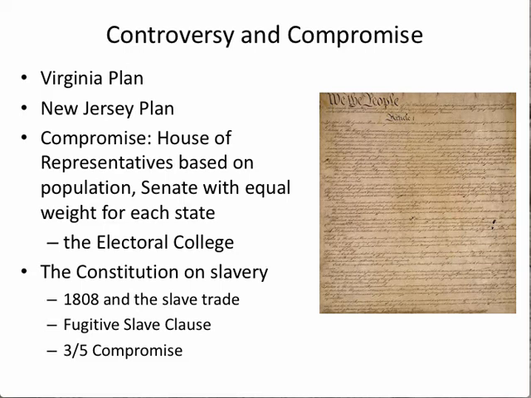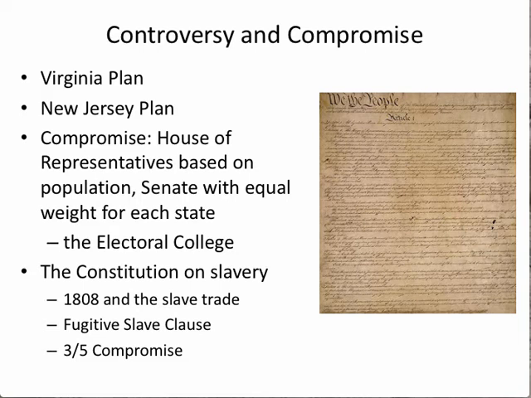The northern states, many of which had abolished slavery or were in the process of abolishing slavery, said, wait a minute, we don't think the South should get any additional population from the slaves. The slaves are not citizens. They're not allowed to vote in the South. So why should they be counted as population? And so there was a deadlock.